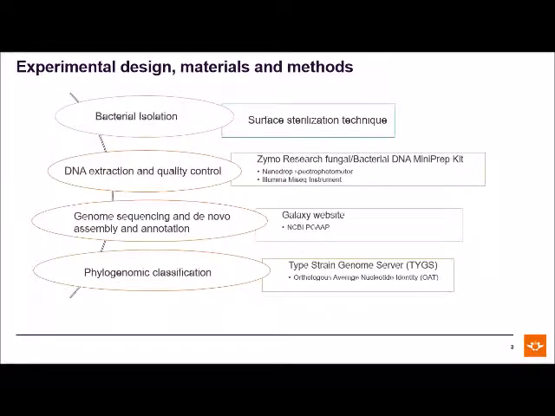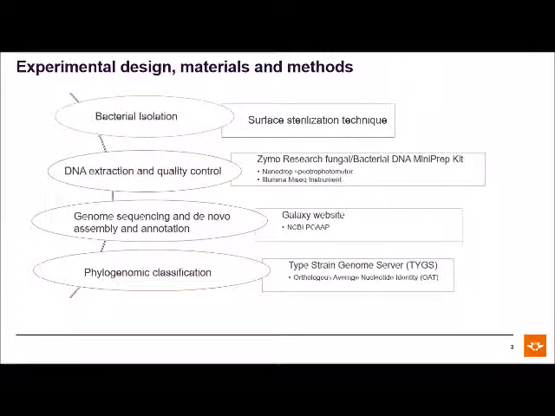The experimental design, materials and methods that were followed in this study: the MHSD28 strain was isolated. The bacterial isolation was done using the surface sterilization technique, followed by DNA extraction using the Zymo-rich fungal bacterial DNA mini prep kit. The sample was then sent for sequencing using the Illumina MiSeq instrument.